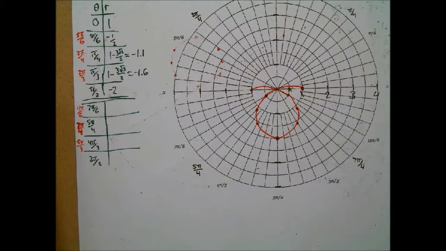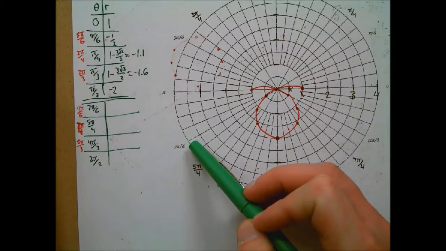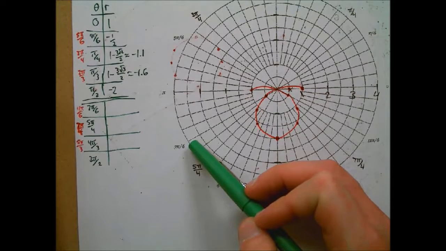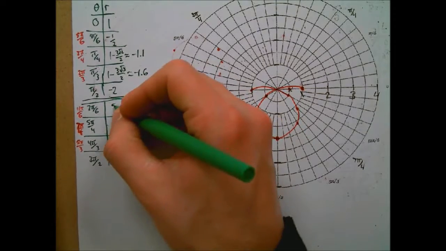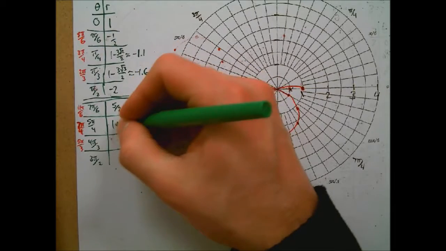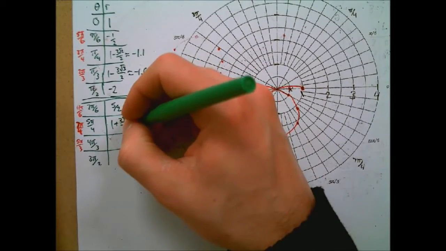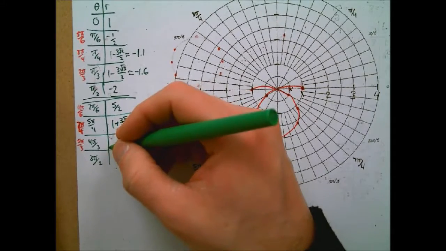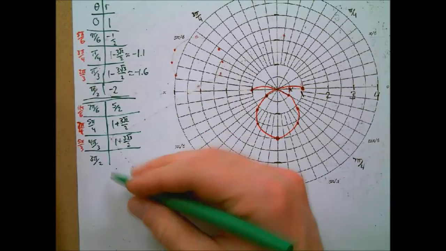All right. So 7 pi over 6 will be negative 1/2 times 3 will be negative 3/2, but minus negative 3/2 will be plus. So we get 5 halves there, I think? Is that right? 5 halves, yes. Okay. And then plugging in 5 pi over 4, we get 1 plus 3 root 2 over 2. And then plugging in 4 pi over 3, we're going to get 1 plus 3 root 3 over 2. And then plugging in 3 pi over 2 will be 4.